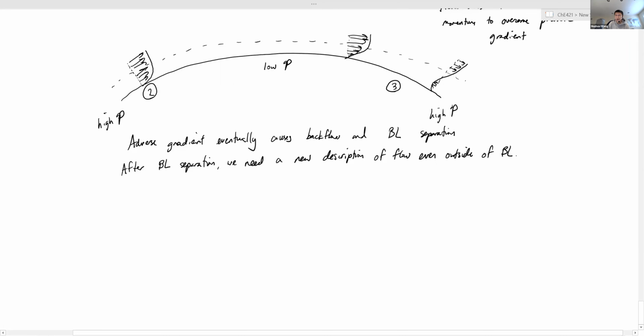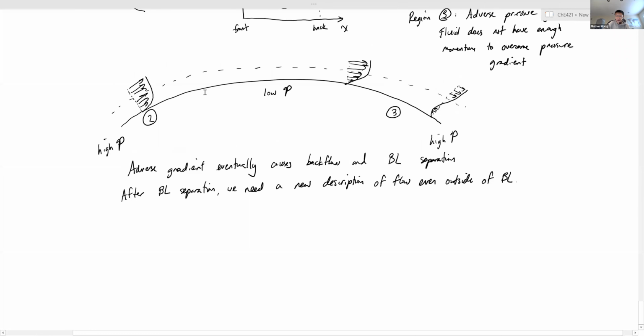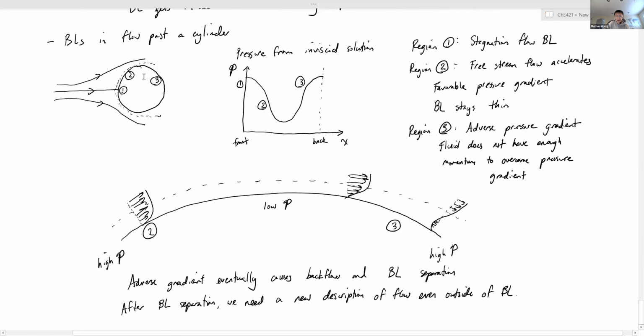For instance, the inviscid flow, as we know from the inviscid flow profile for flow past a cylinder, has high pressures here and here. That's what we drew here, right? And that's what gave us the fact that there was no drag, right? In real life, the actual pressure behind a cylinder is much lower than what we have here.